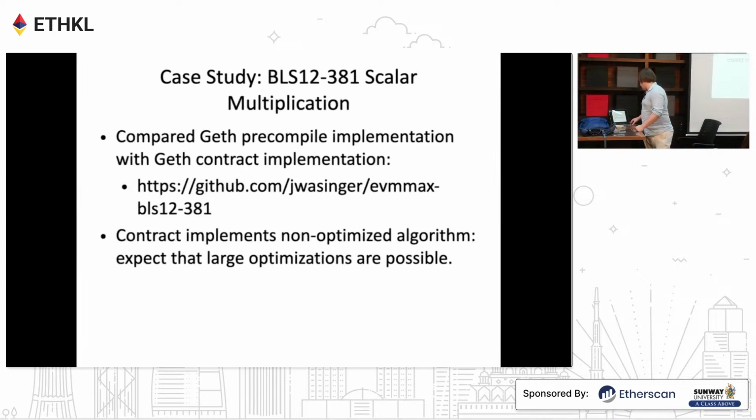So yeah, but what we actually care about is how well an EVM implementation of a precompile compares to the native version. So I implemented the BLS G1 and G2 scalar multiplication precompiles as an EVM contract.